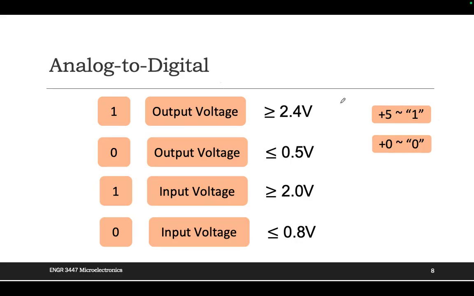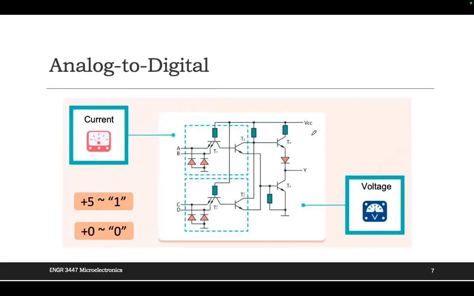So we just make a rule: if your voltage is greater than or equal to 2.4, it will be 1. Otherwise it will be 0. Am I right? And this is the other situation, based on your circuit. For example, do you remember this is a TTL circuit? We can use a TTL circuit to compare different inputs and then decide whether this is 0 or 1. Am I right?